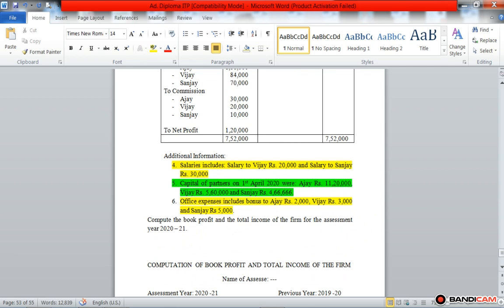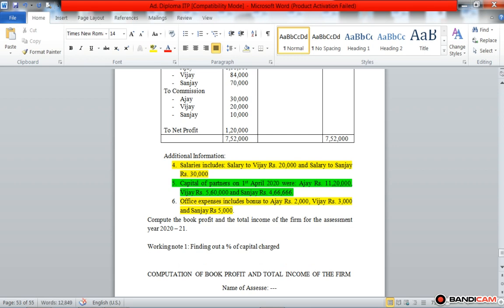Working note number one: finding out the percentage of capital charged.